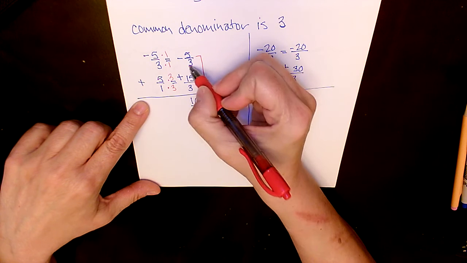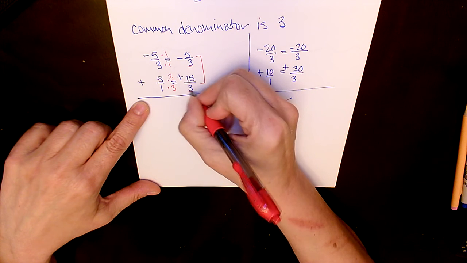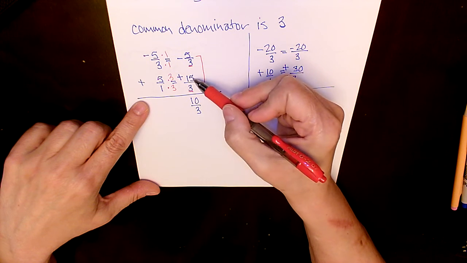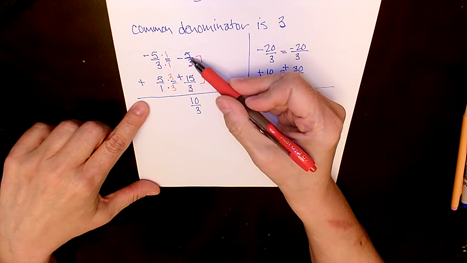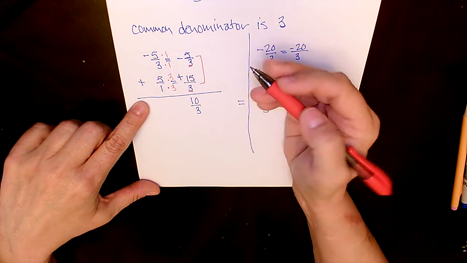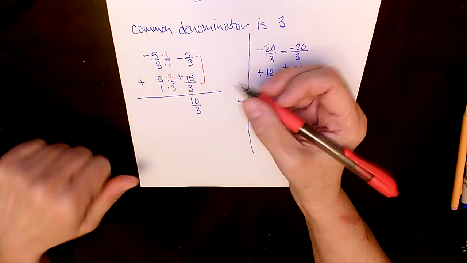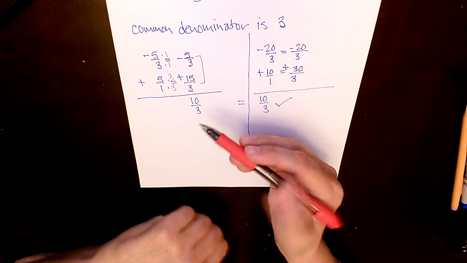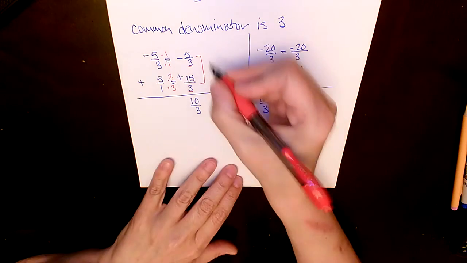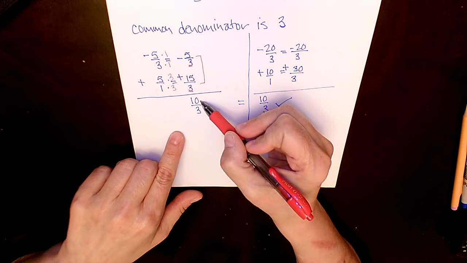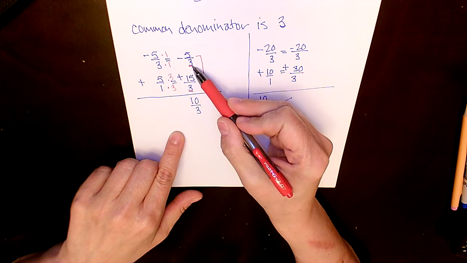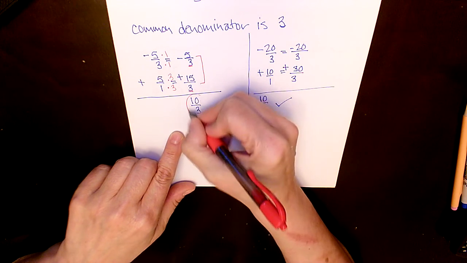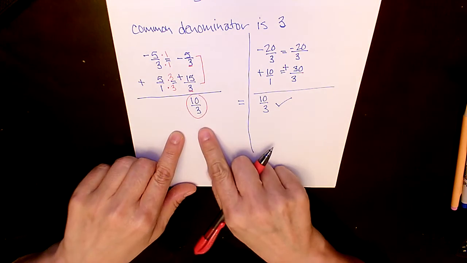And they both have the denominator of 3, so I can put them together, and I'm just going to subtract because I have a positive and a negative. And there's more with the positive 15. So 15 minus 5 is 10. Denominator is 3, just bring that down, and so it's a positive 10/3.